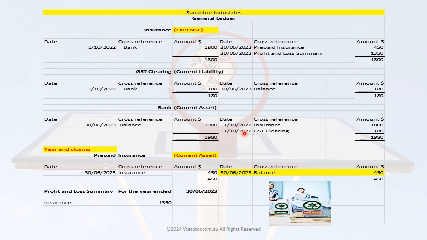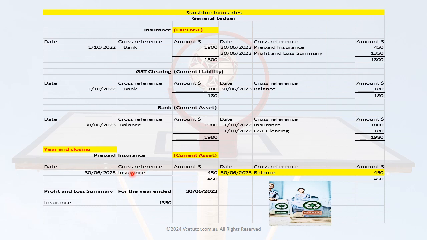So we reduce the current liability. The same one on 1/10/2022, the GST clearing appears in bank account on the credit. The cross-referencing in GST clearing is bank, and in bank account cross-referencing is GST clearing.